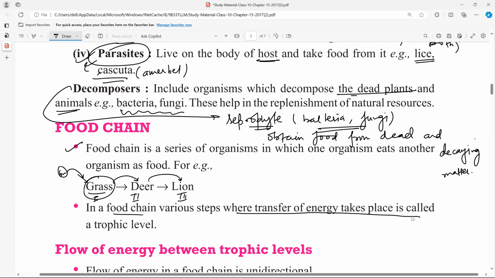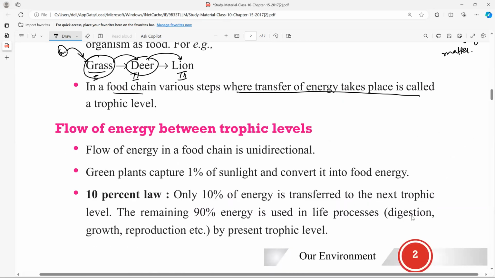And now this deer is eaten by the lion, and the lion obtains energy from the deer. So they are different levels, and at every level the energy is decreased. This is very important: the flow of energy between trophic levels.